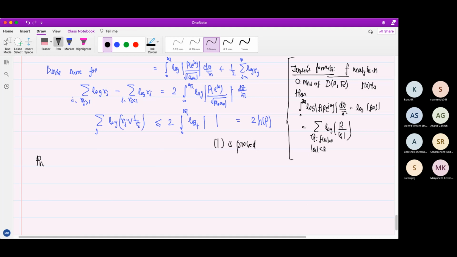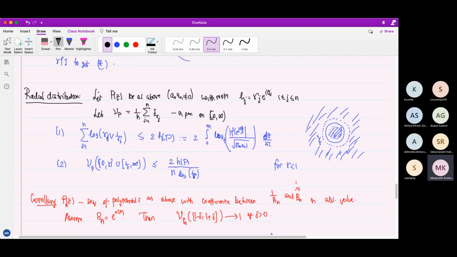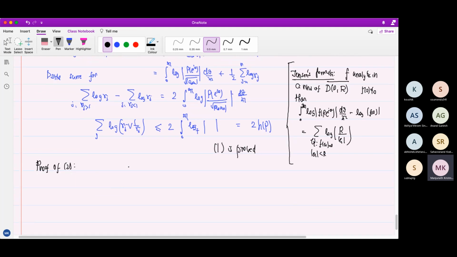For two, for each root which is below R or above 1 by R, if rj is less than R or rj is bigger than 1 by R, then log of rj max 1 over rj is greater than or equal to log 1 over R, right?